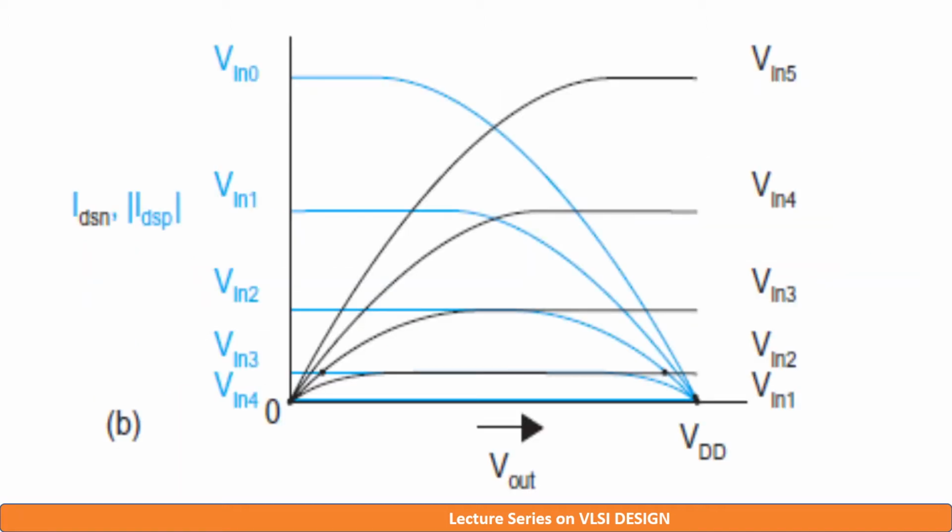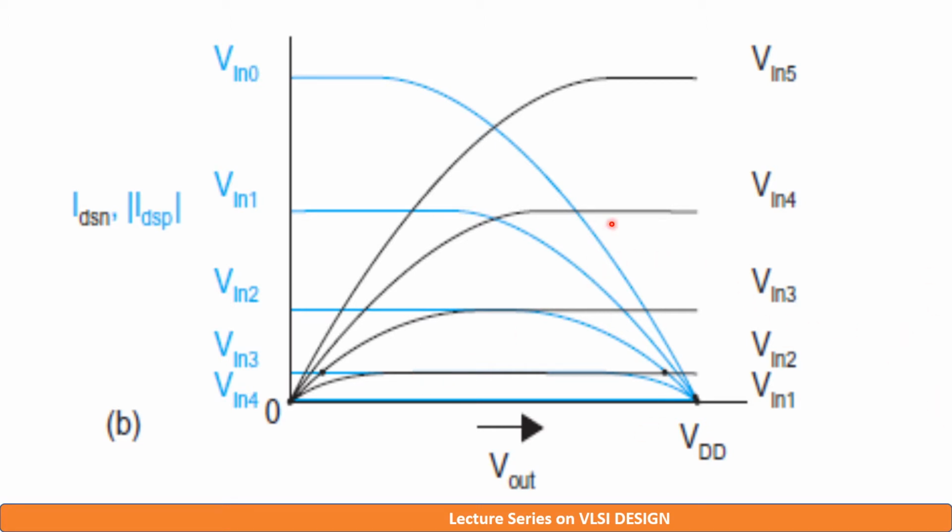To obtain DC characteristics, let us overlap the NMOS characteristics and PMOS characteristics. The PMOS characteristics was in the third quadrant. If overlapped on N, the P characteristics is shifted to the first quadrant.